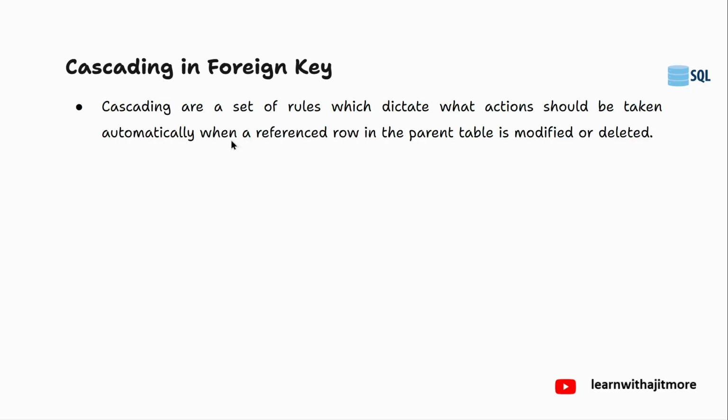Okay, so cascading rules are a set of rules which decide what action should be taken automatically when a referenced row in the parent table is modified or deleted.